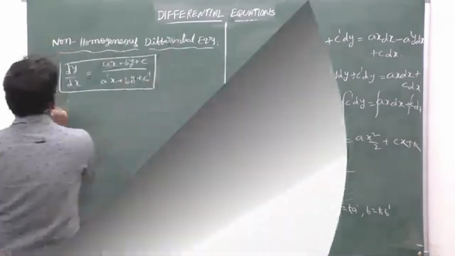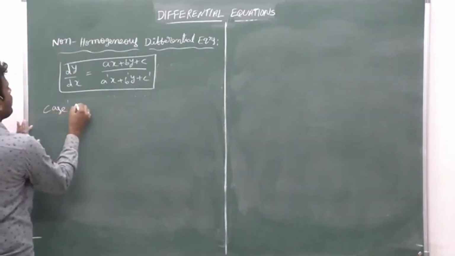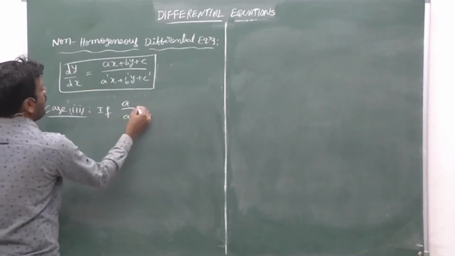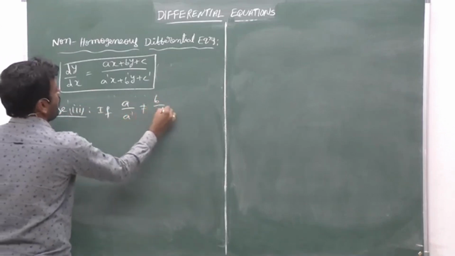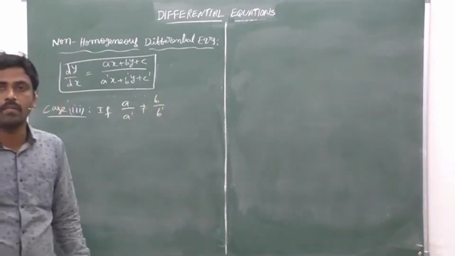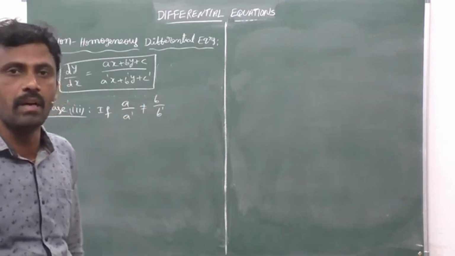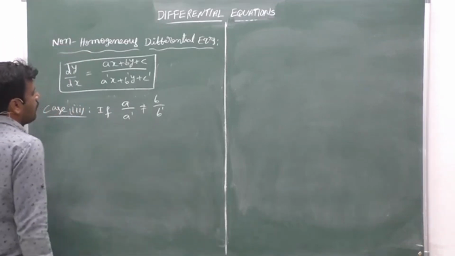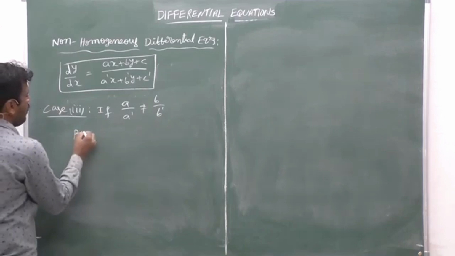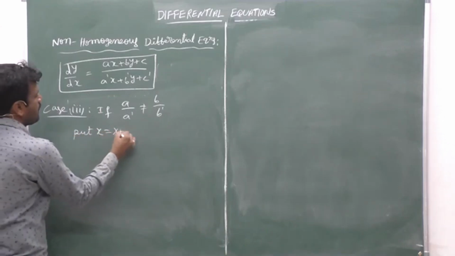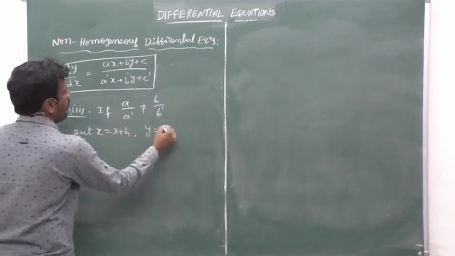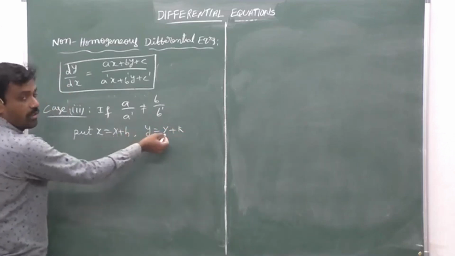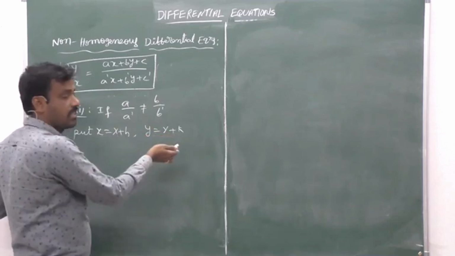Next, case 3. If a by a dash not equal to b by b dash, then in that case we can proceed, put x equal to capital X plus h, put y equal to capital Y plus k, then dx equal to dX, dy equal to dY, because h comma k are constants.